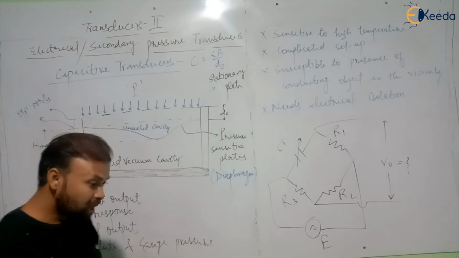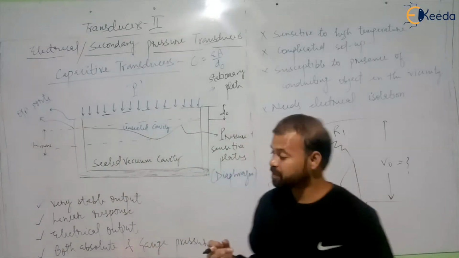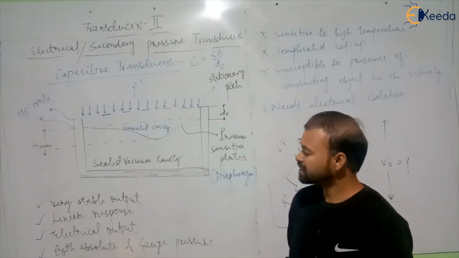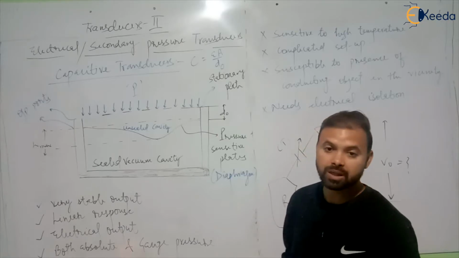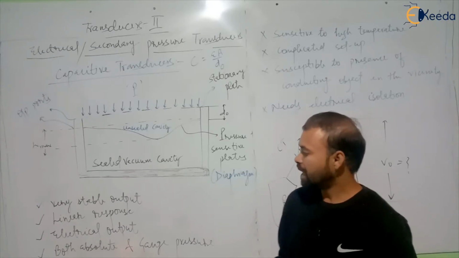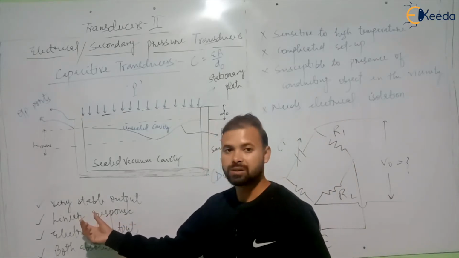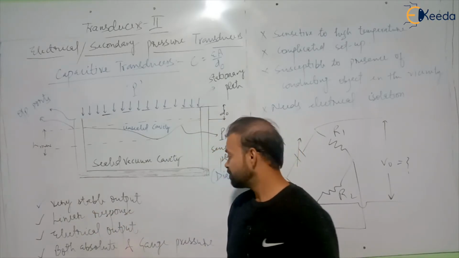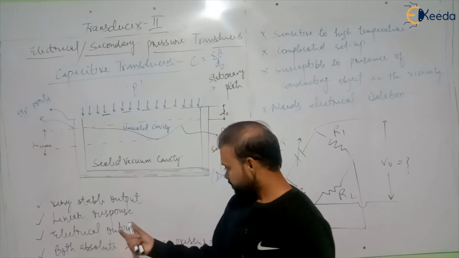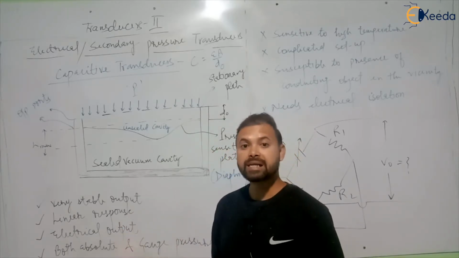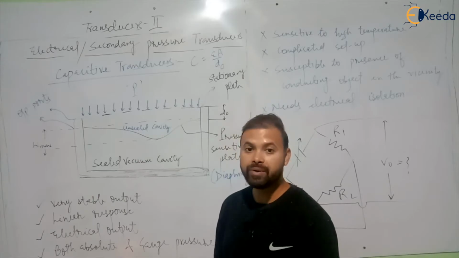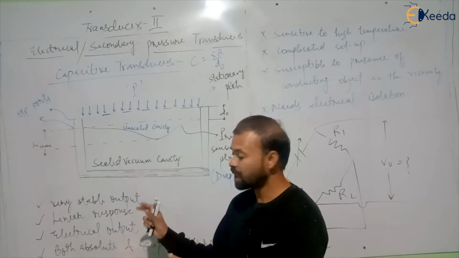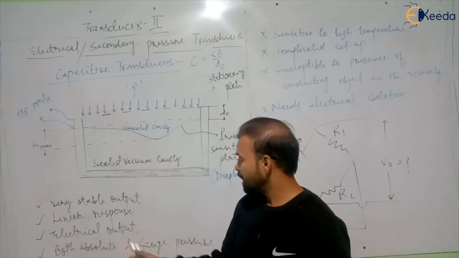Okay, what are the advantages of capacitive transducers? The output of a capacitive transducer is very stable, and the response is linear in nature, which is an advantage. The output is electrical, so we will be able to transmit the output to a distant place.